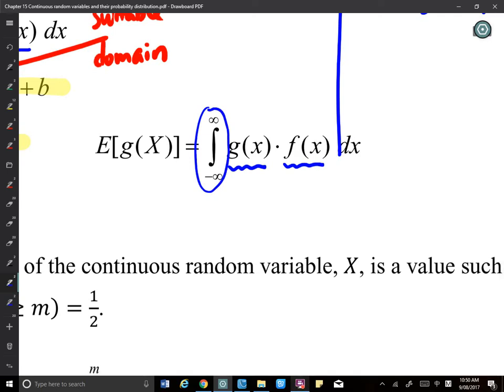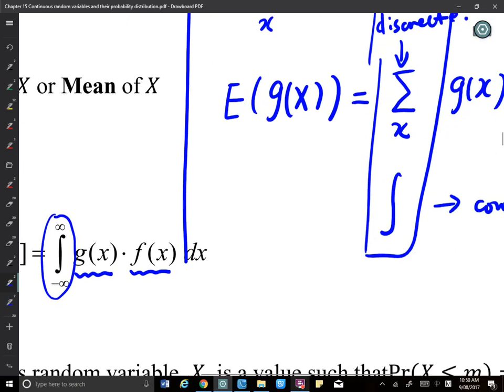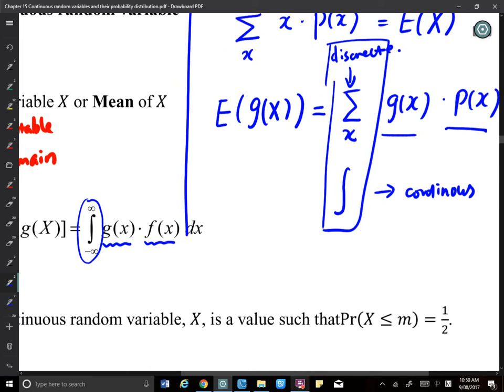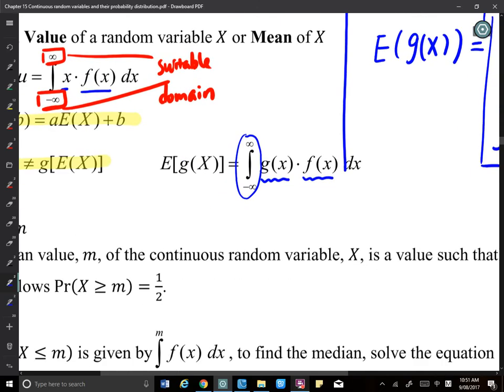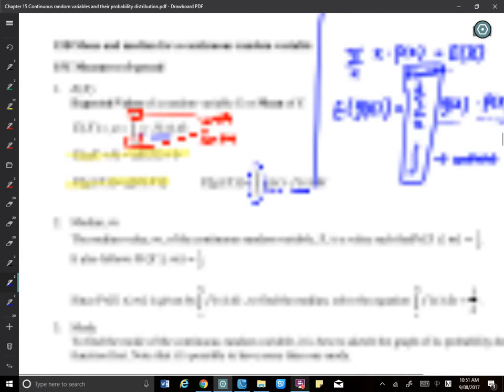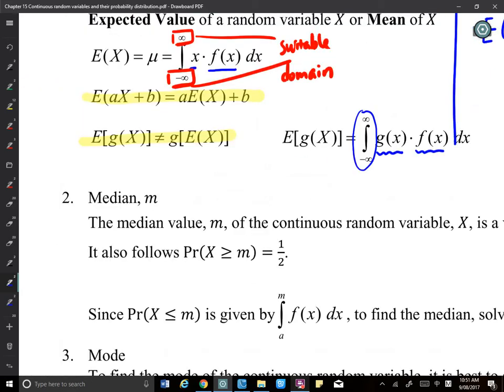It's exactly the same as what we have here: g(x) times p(x), and we sum all of that. It's exactly the same as discrete. We write an integral sign instead of the summation sign. You can see we only changed the summation symbol to an integral symbol, and nothing really changed. It still follows the same.